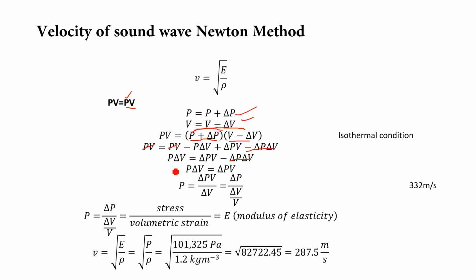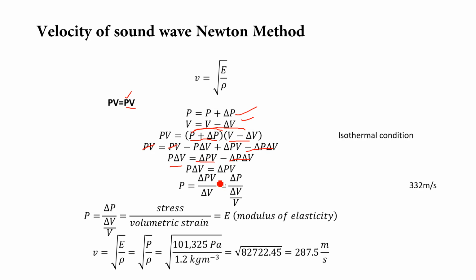Now dividing both the sides of this equation by del V, we will get pressure P is equal to change in pressure times original volume divided by the change in the volume.